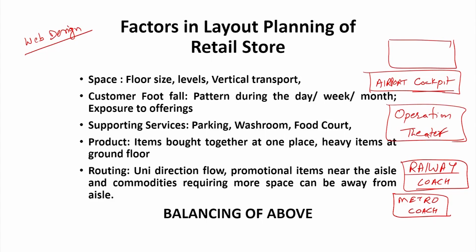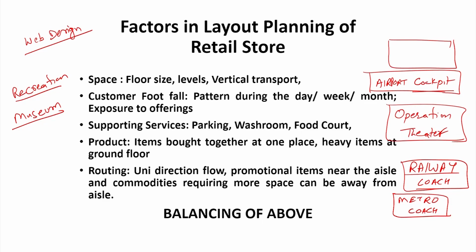Similarly, in recreational places, whether it is the design of a museum, you will find there is a special aspect in museums also. Sometimes it is arranged in a chronological manner, the way various events occurred, and according to that the various floors or galleries have been arranged.